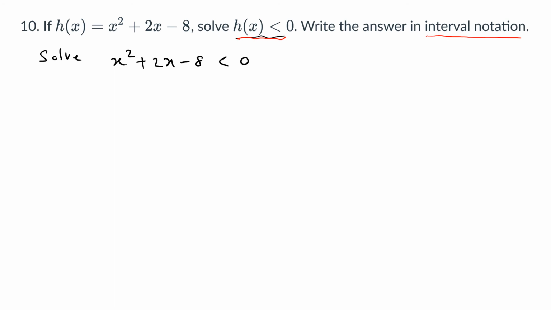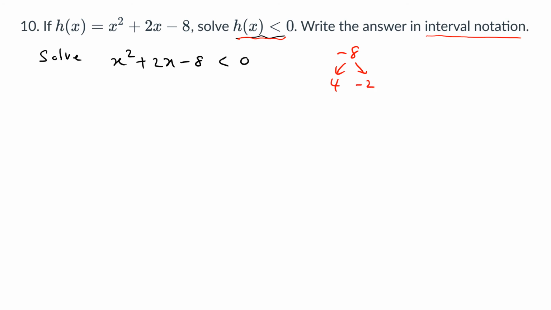So what we're going to do is factor. You're going to think of two numbers, two factors of -8. Multiply, you get -8, and add, you get 2. That is 4 and -2. Those are the two numbers.